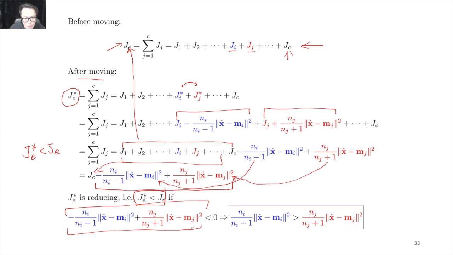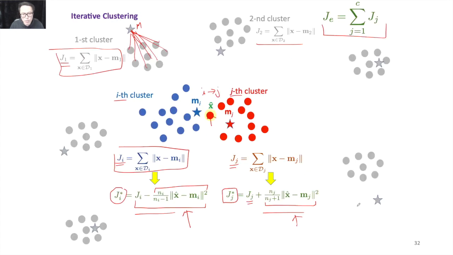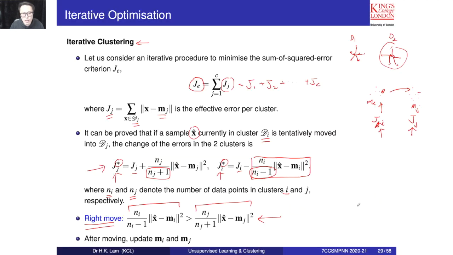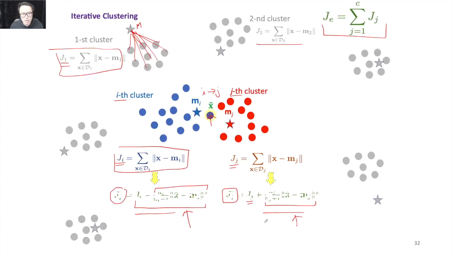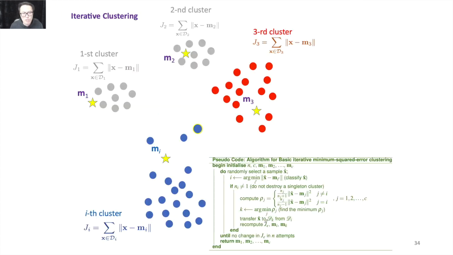So this inequality becomes this condition: if this blue value is larger than the red value, we can conclude that the move is correct. So that's why we have this condition.